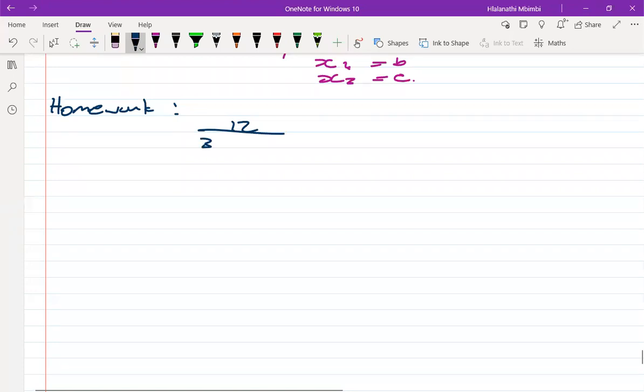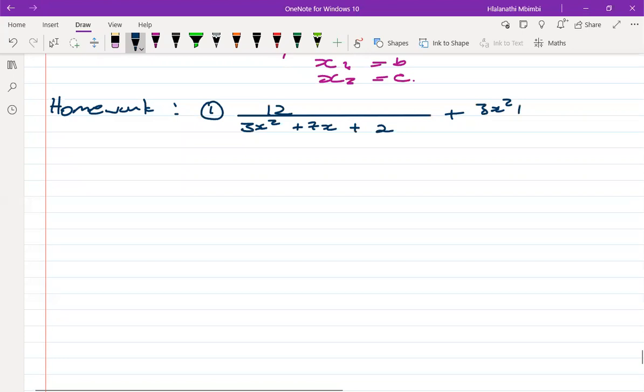Let's say it's 12 divided by 3x squared plus 7x plus 2, plus 3x squared plus 7x is equal to 6. Let's have that.